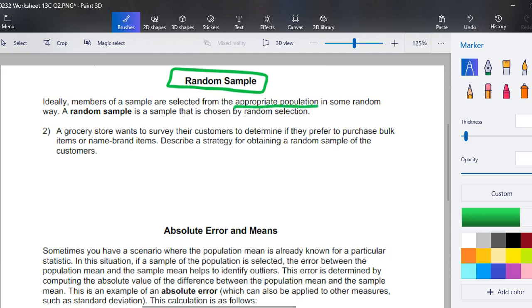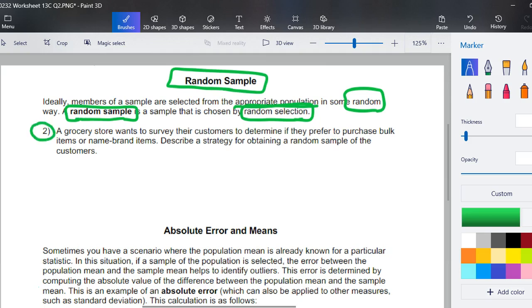We want to get it representative in some random way. And a random sample is a sample that is chosen by random selection. And we're going to talk more about that in our 1332 class, but this is just getting an understanding that there is a thing called a random sample, and that it is a sample that's chosen by random selection.